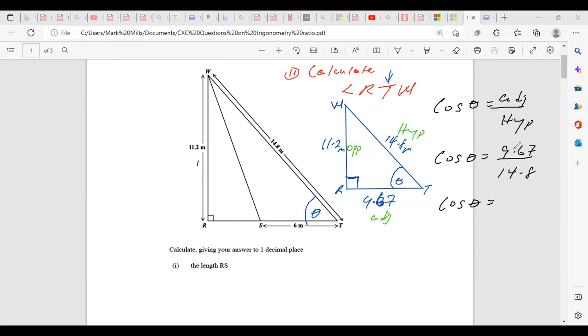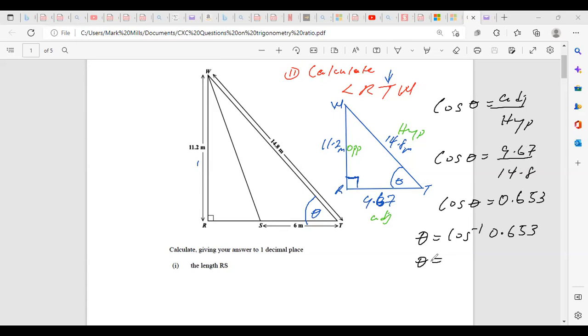Now let's divide. 9.67 divided by 14.8. What do we get? 0.653. So theta is equal to cos inverse of 0.653. Let's work it out.